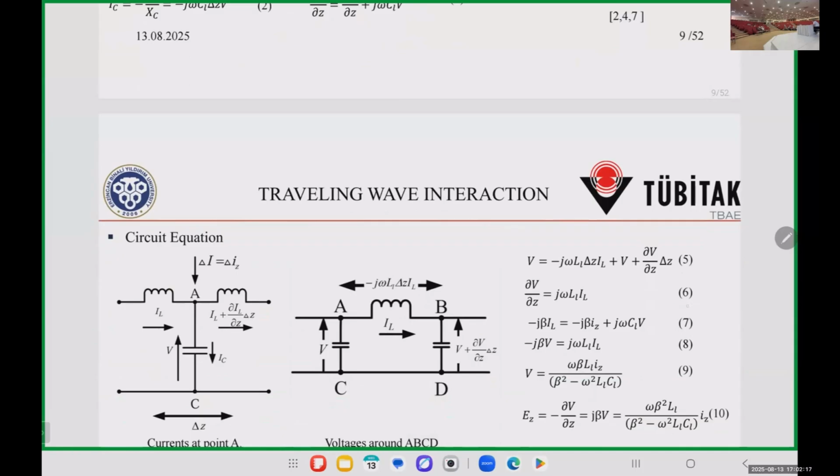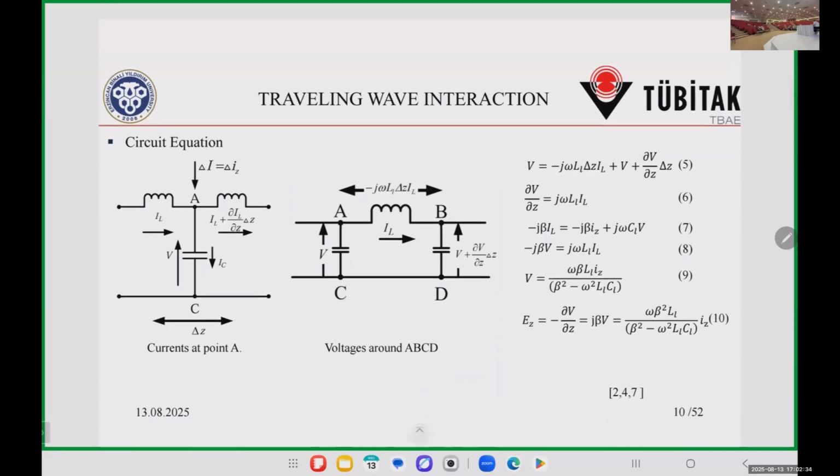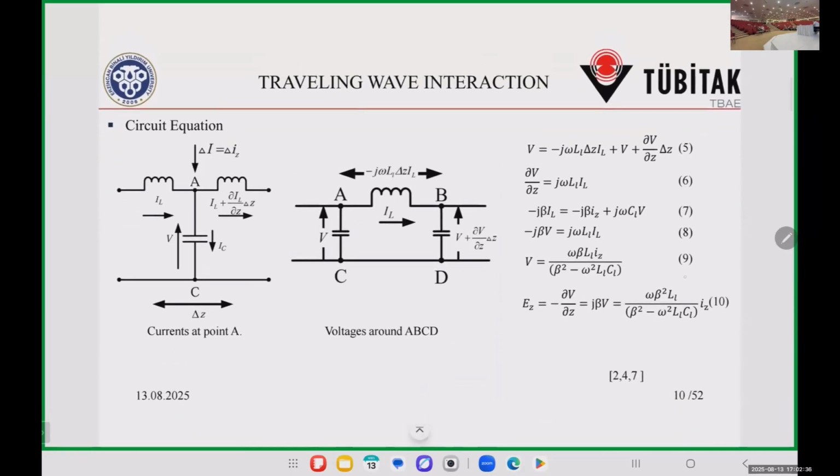If we use equation 6 in phasor notation, we obtain equation 8. Combining equation 7 and equation 8, we obtain equation 9.